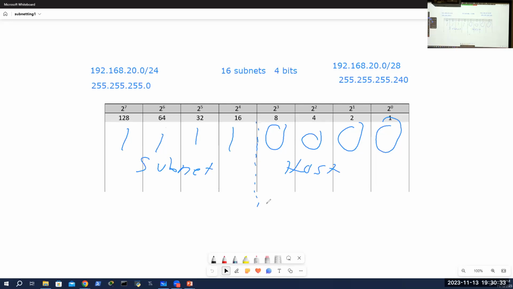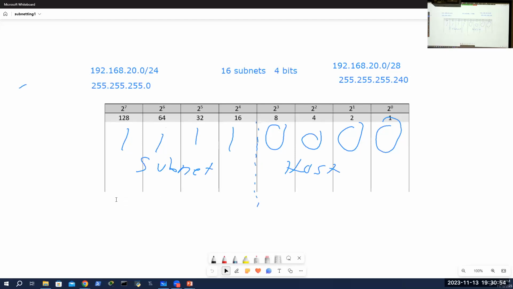So, what is the network ID for the 3rd subnet? Well, in all cases, the first network ID is always the original network ID.